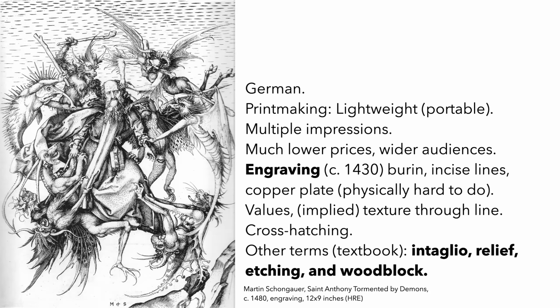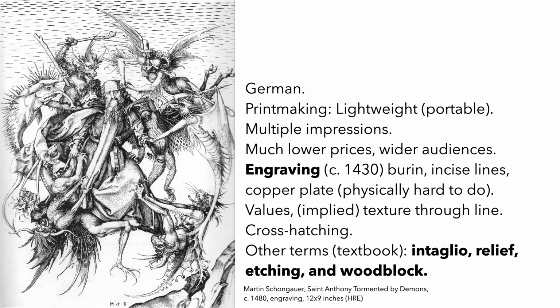So for all those reasons, it's cheaper, it's portable, it's using common material, and I can reach wider audiences. So put in your notes, it's like the invention of the internet was for the 20th century, but for the 1400s and 1500s. It's that big a deal.